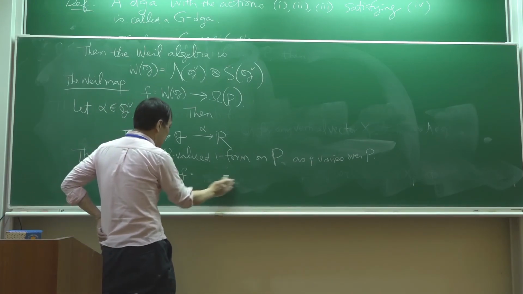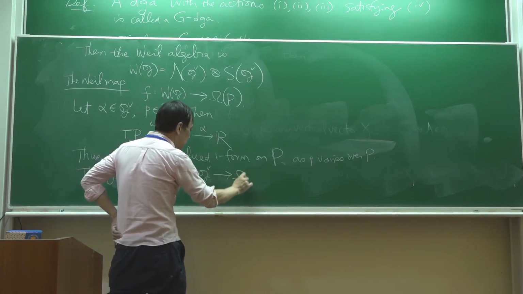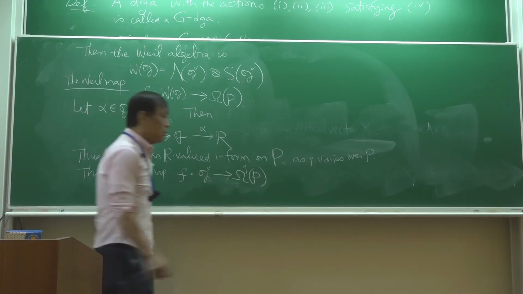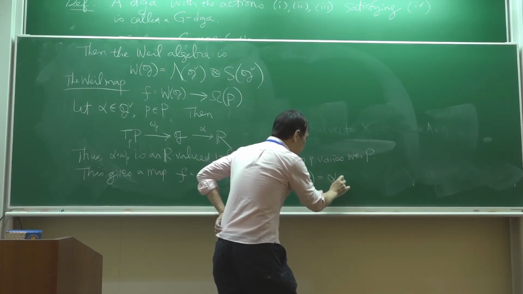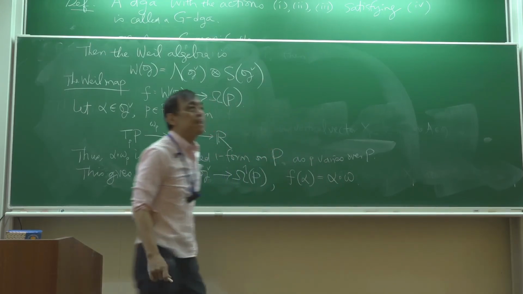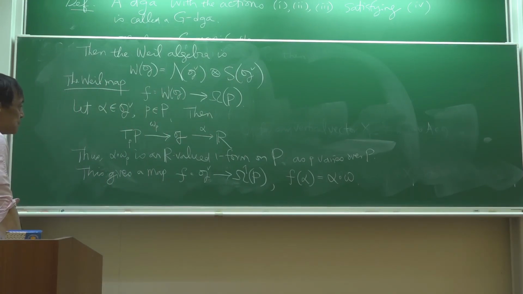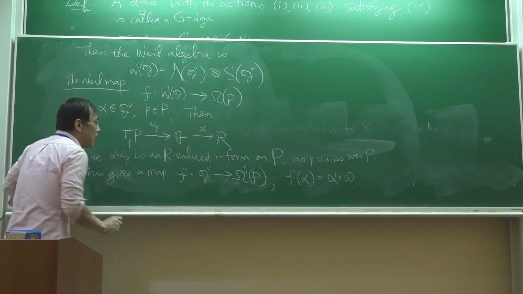So this gives a map f from g dual to the one forms on P, where f of alpha is alpha composed with omega. And then you can extend it.